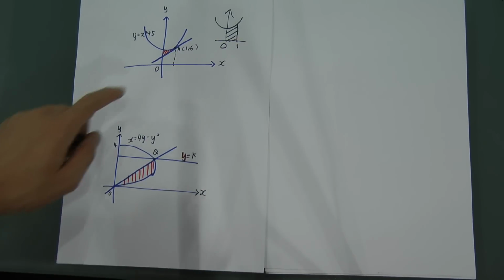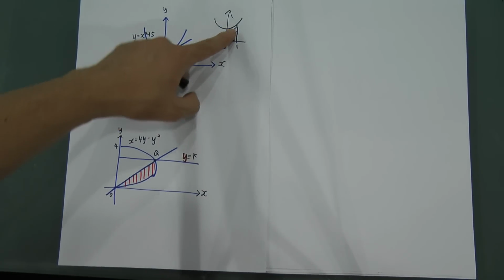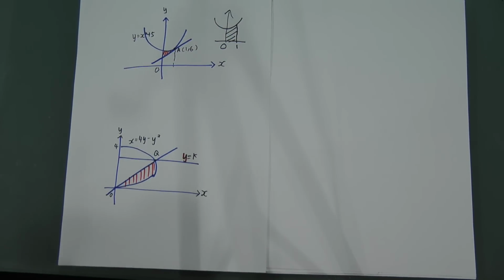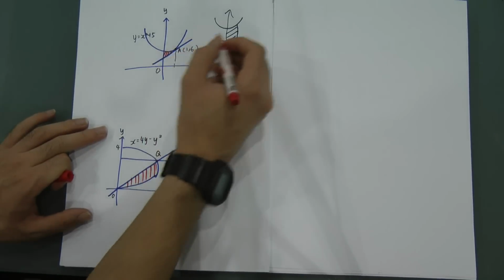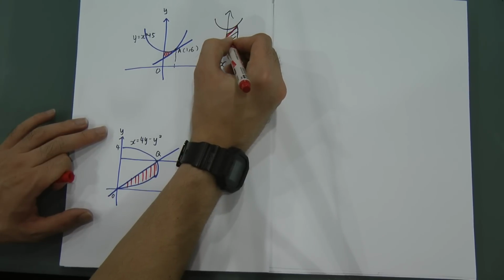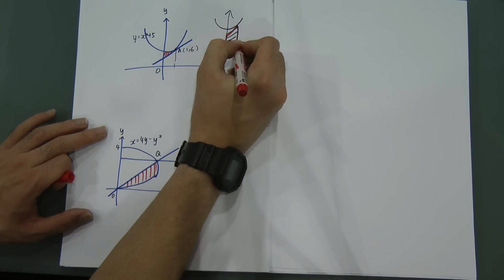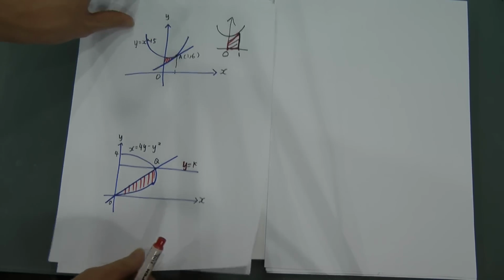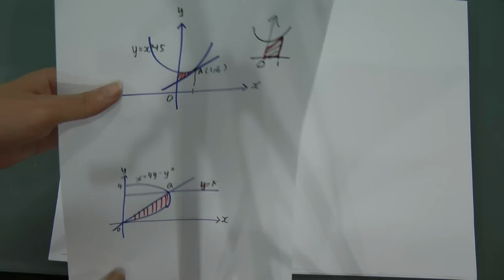If you integrate the curve from 0 to 1, you can get the whole region. After you get the whole region, you just subtract the trapezium here. Do you see a trapezium here? Maybe I move up a bit to make it easy for you to see.